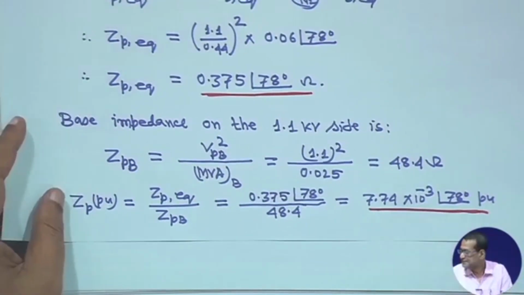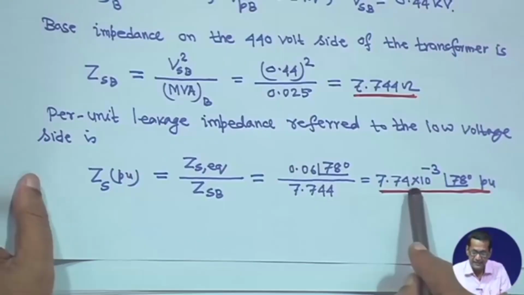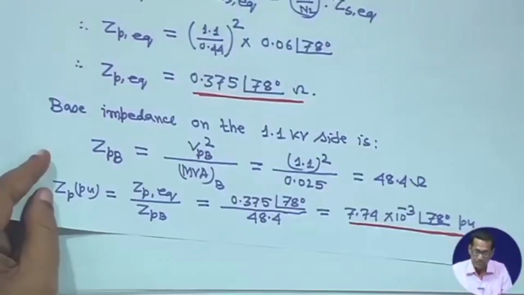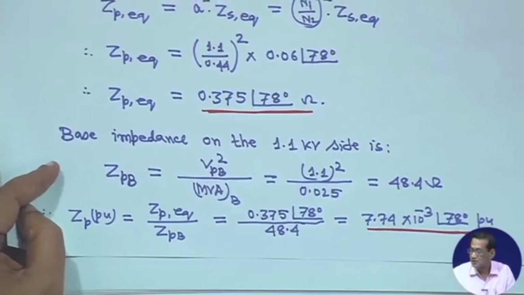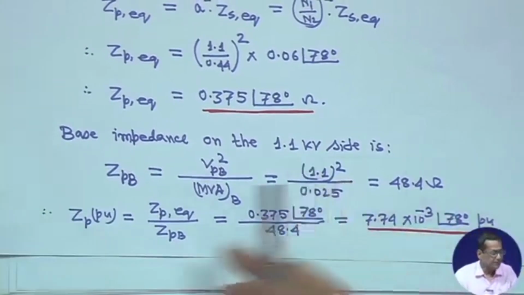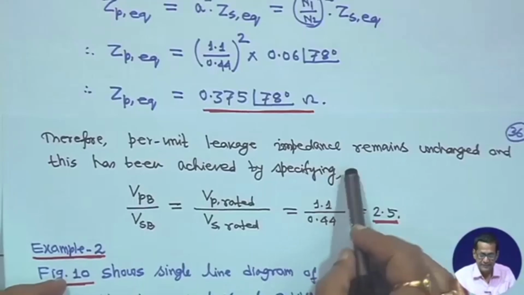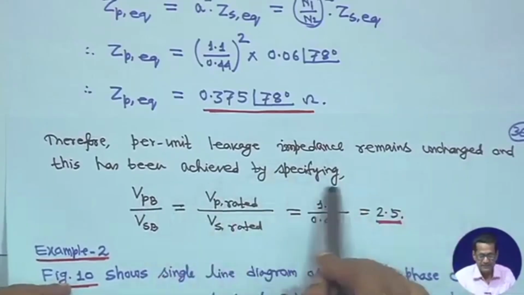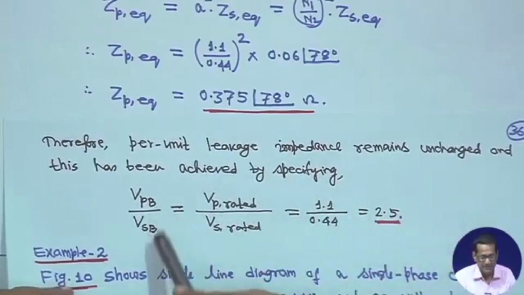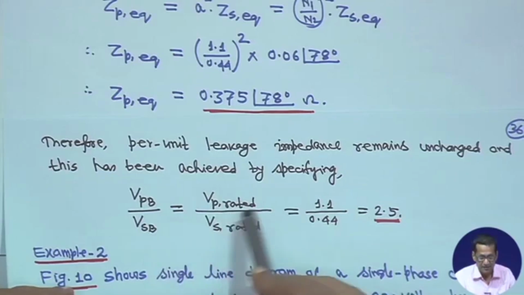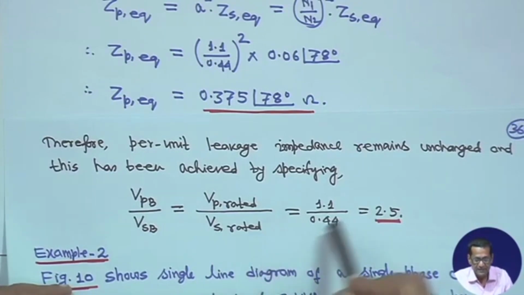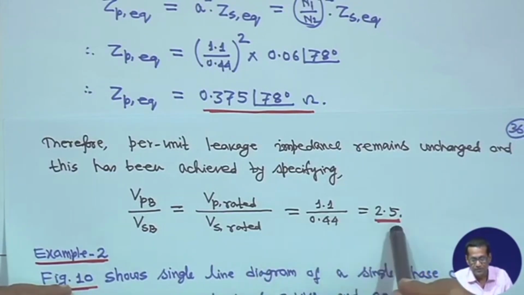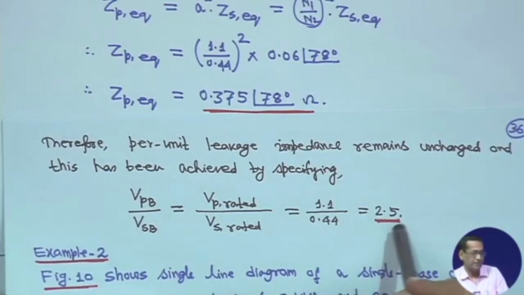Whether referred to the secondary side or the primary side, you get the same value. The per unit leakage impedance remains unchanged, and this has been achieved by specifying VP base upon VS base equal to the rated values, 1.1 kV by 0.44 kV, equal to 2.5.